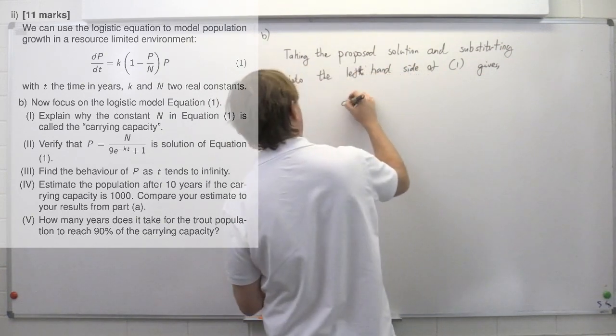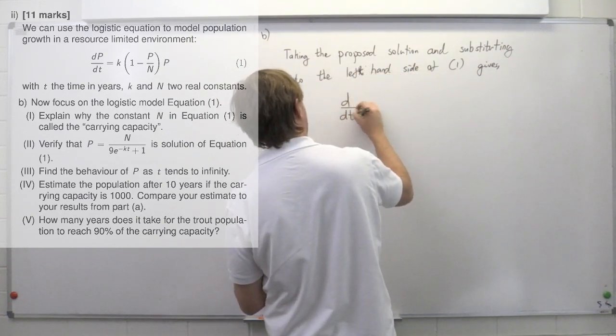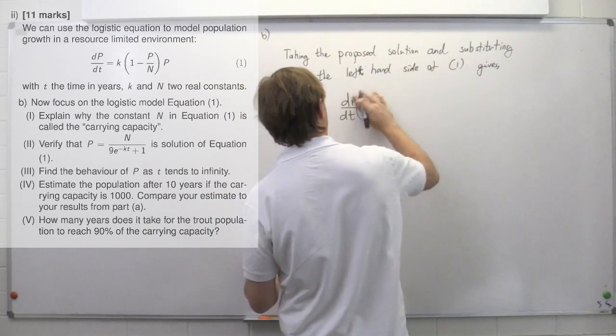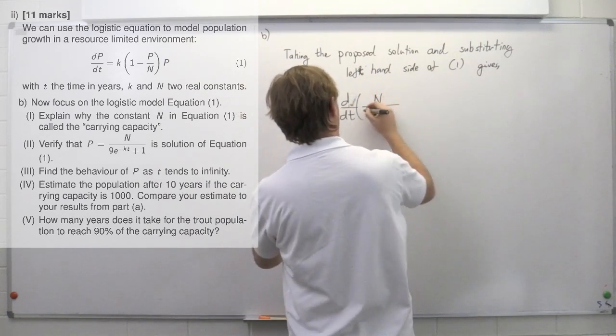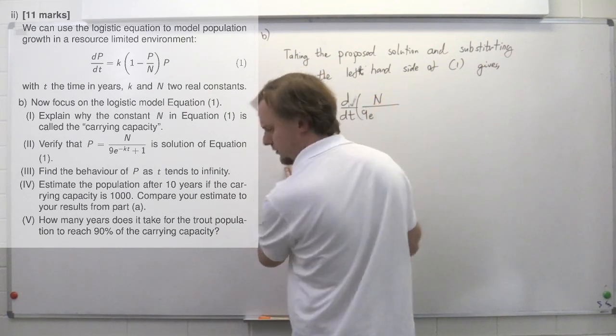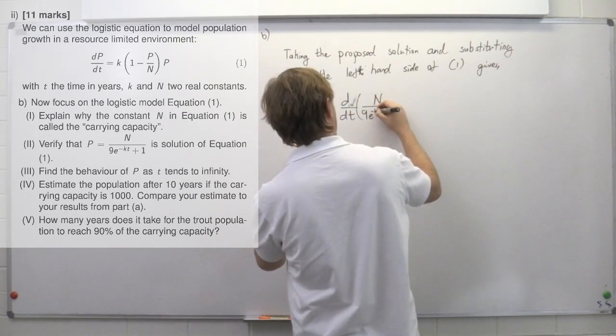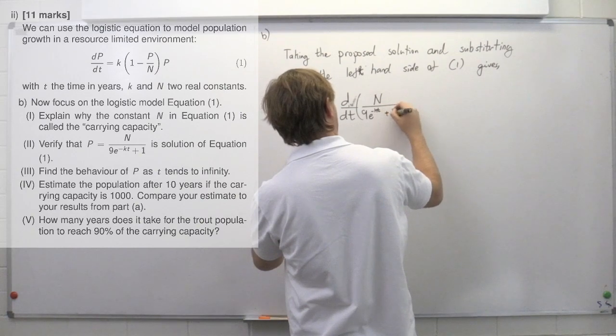So we're going to have to take the derivative of what they proposed. It's n over 9e to the minus kt plus 1.